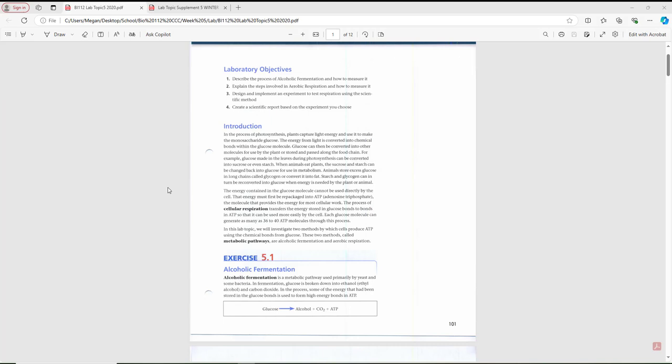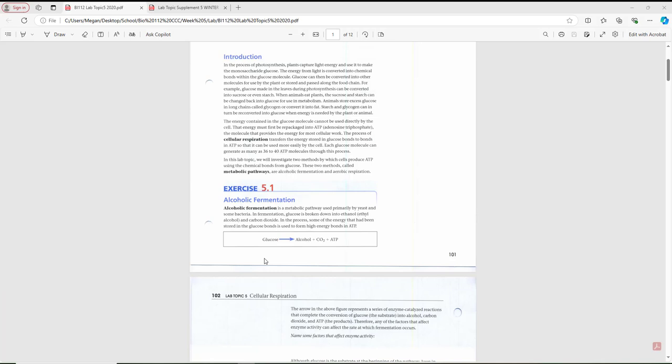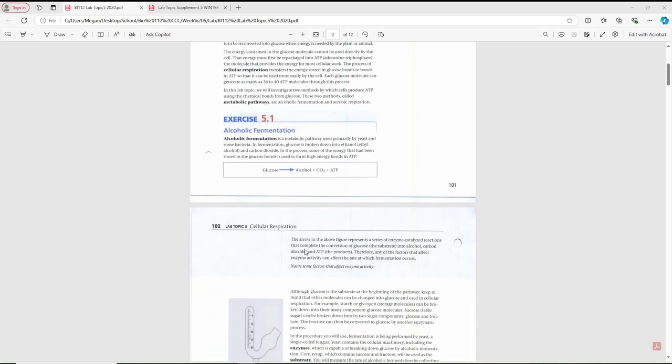In alcoholic fermentation, recall that glucose is used just like in aerobic respiration, but the byproducts are ethanol, otherwise known as alcohol, and carbon dioxide. ATP is produced, but only about 2 ATP per glucose molecule, so it's not nearly as effective as aerobic respiration.